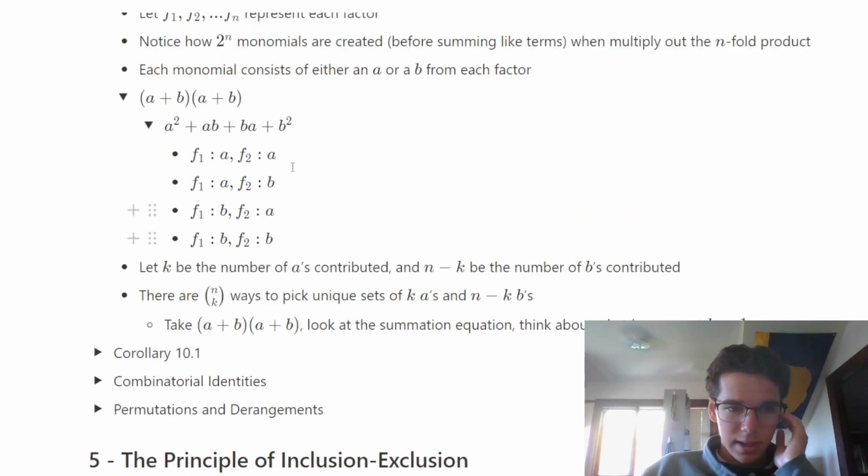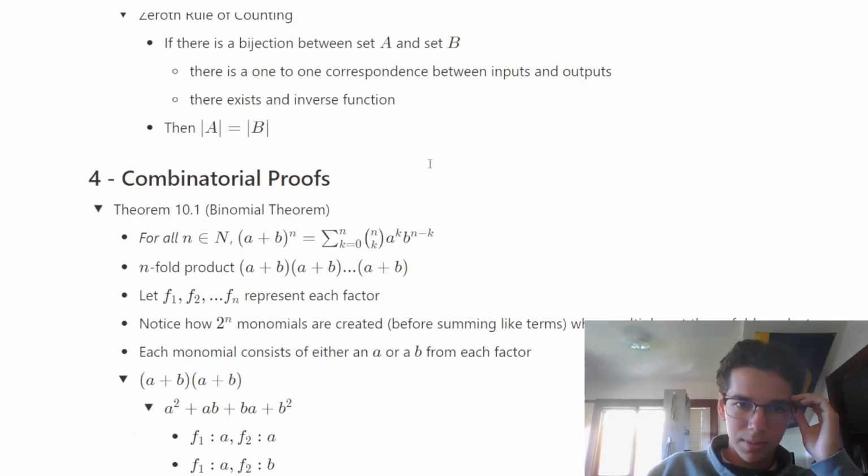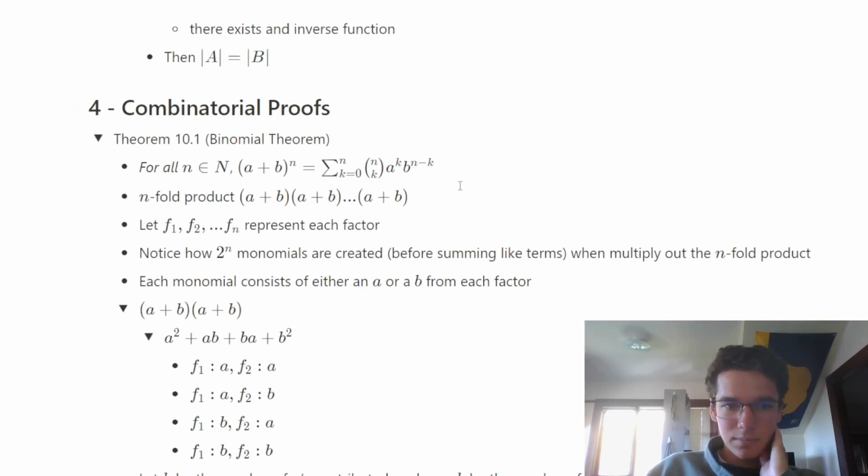But as you can see from here, we can let k be the number of a's contributed and n minus k be the number of b's contributed. And we're going to sum up k starting at 0 all the way up to n.